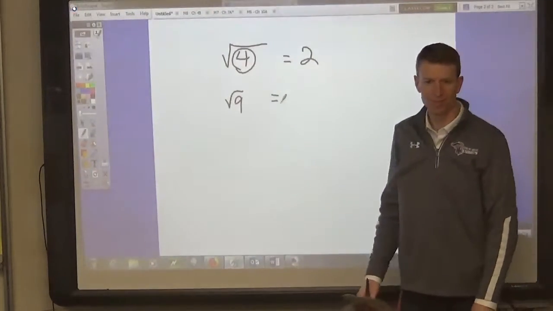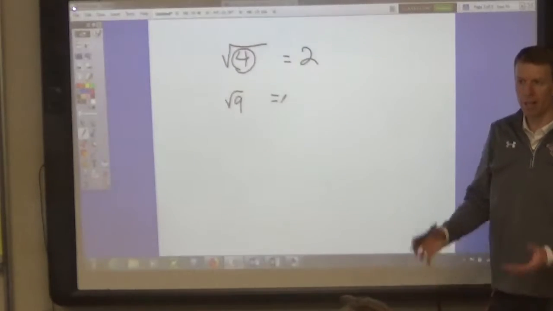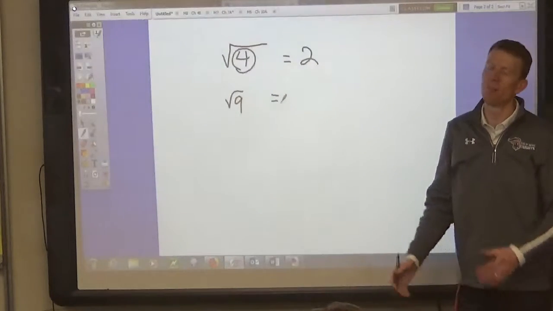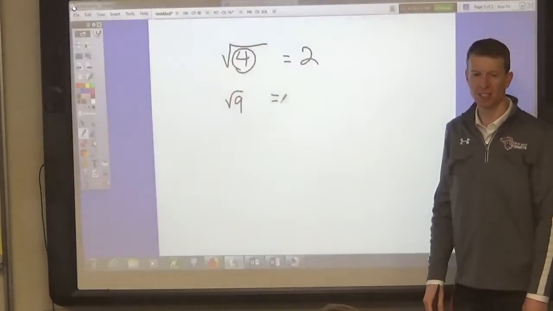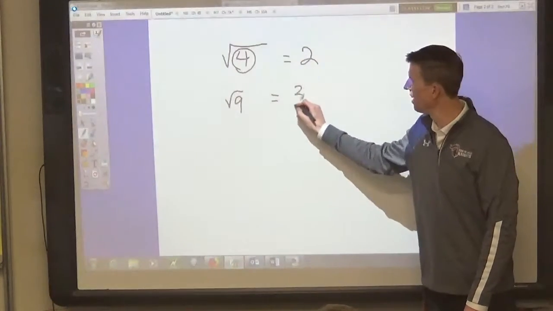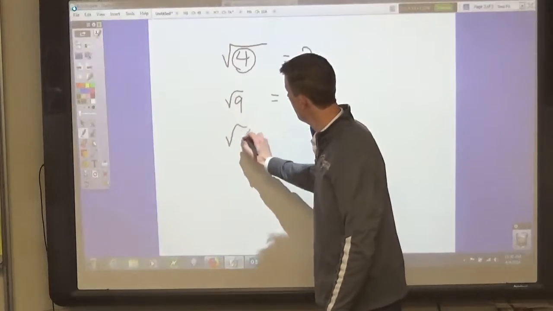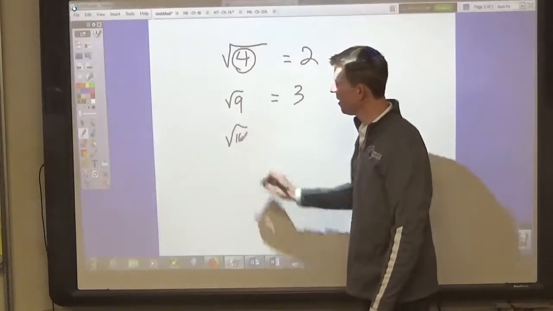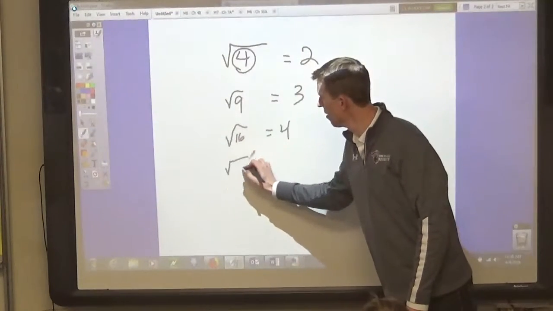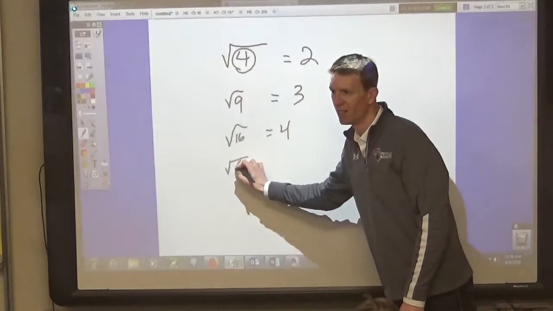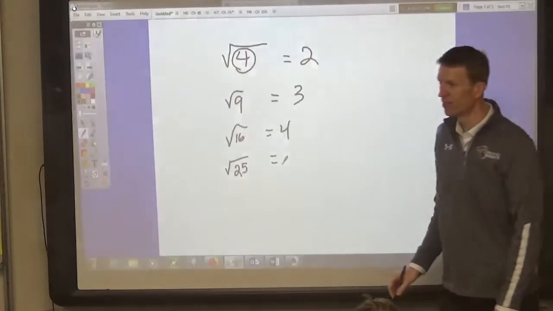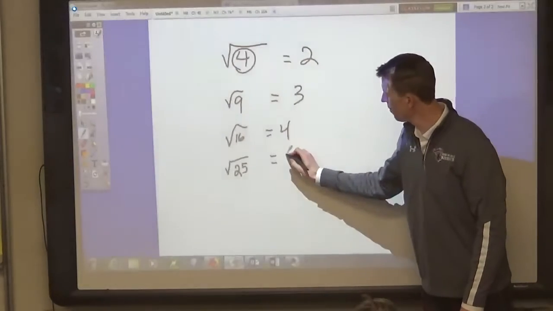What number times itself would equal 9? 3. Yep. How about the square root of 16? And the square root of 25. These are called perfect squares.